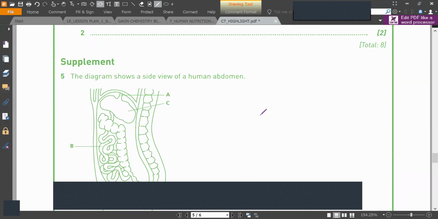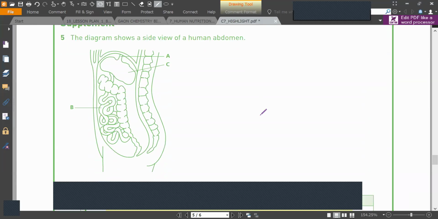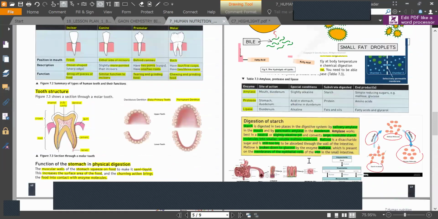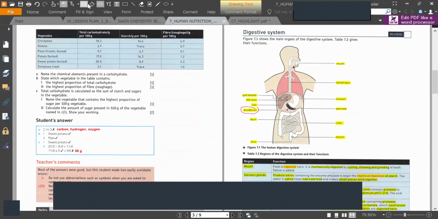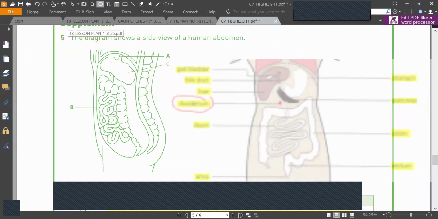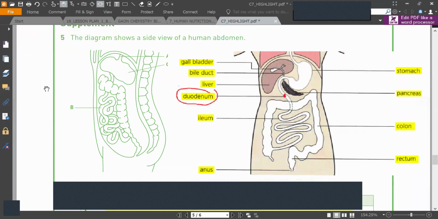Next. The diagram shows a side view of the human abdomen. We are familiar with the front view, which looks like this.